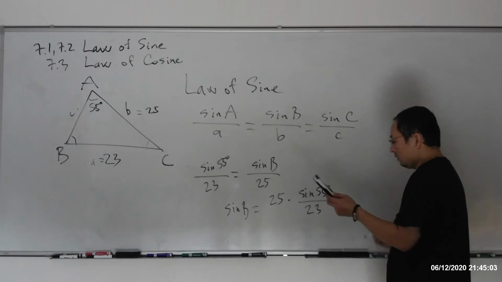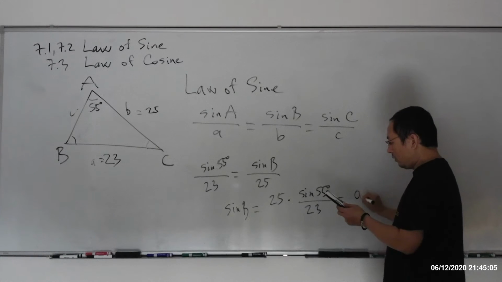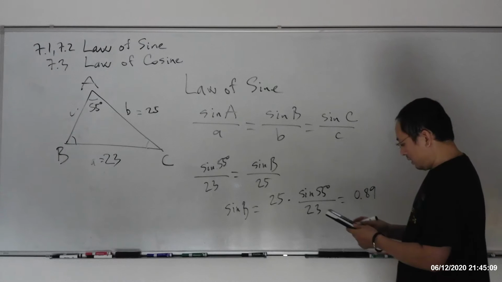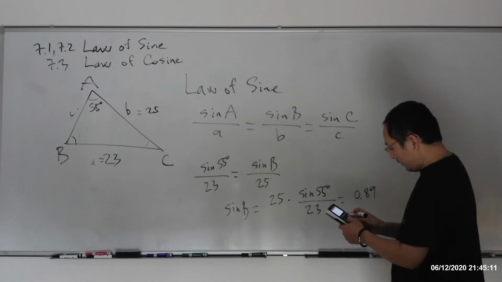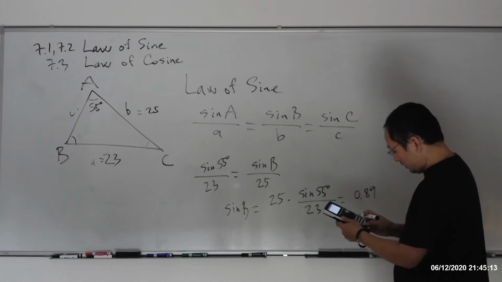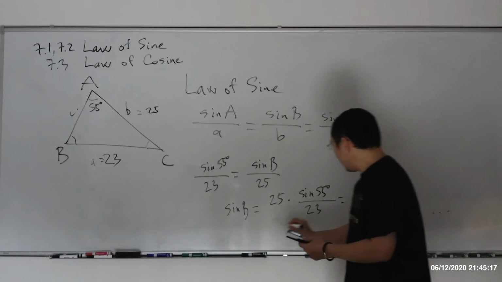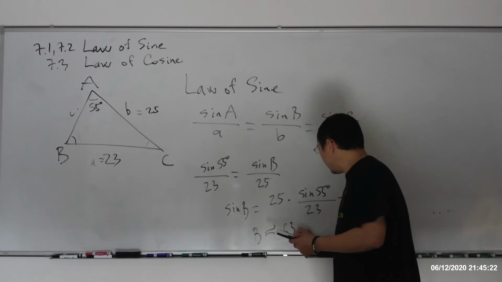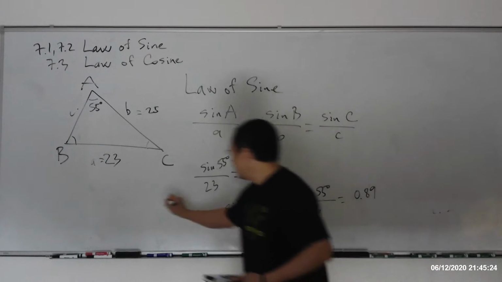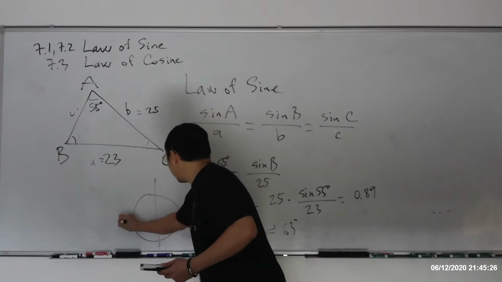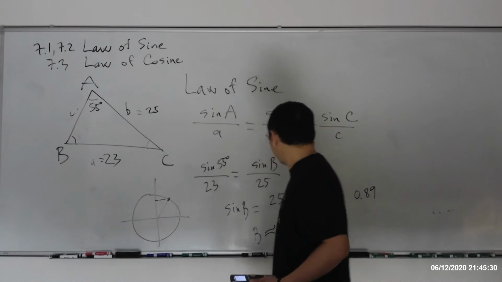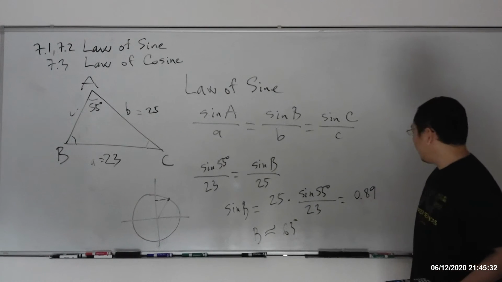So this value is equal to 0.89, approximately. So inverse sine of the answer. So the angle B is approximately equal to 63 degrees. Okay, so 63 degrees, that much. And we have sine of B is equal to 0.89.